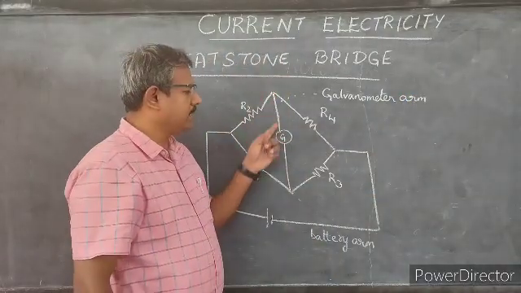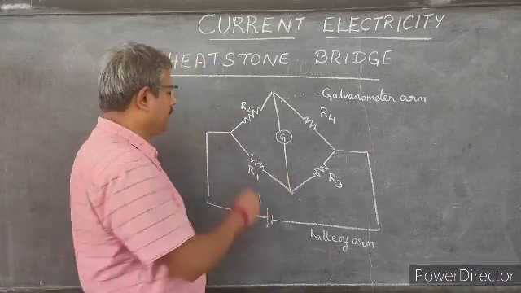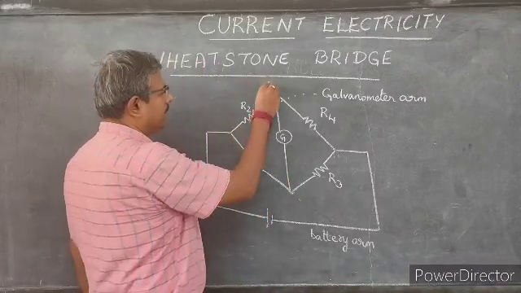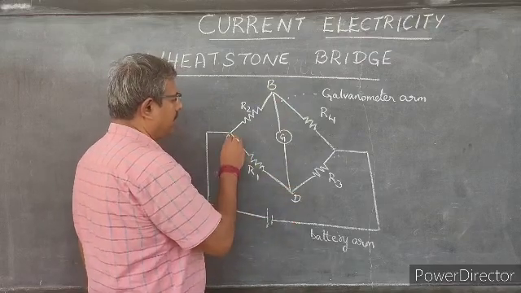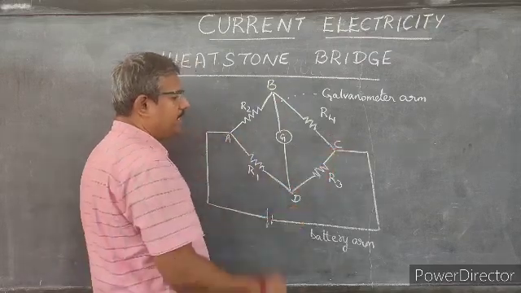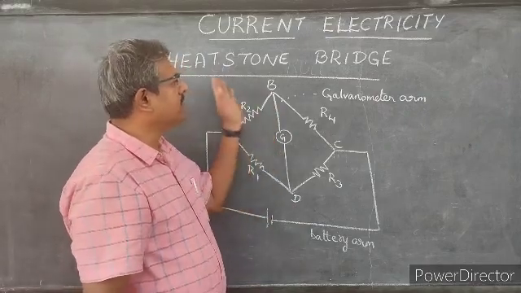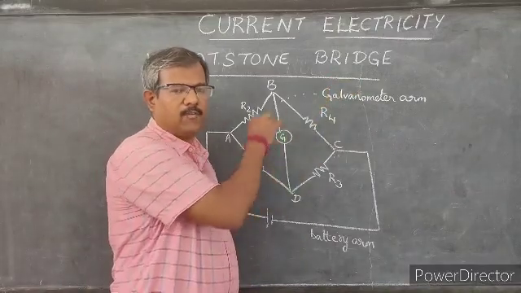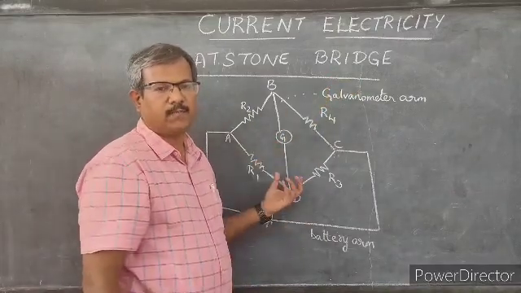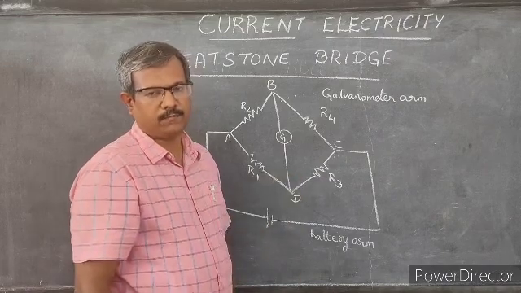And this arm, since it also acts as a bridge between, let's say, point B and D, this bridge is what also gives this type of configuration its popular name, Wheatstone bridge.